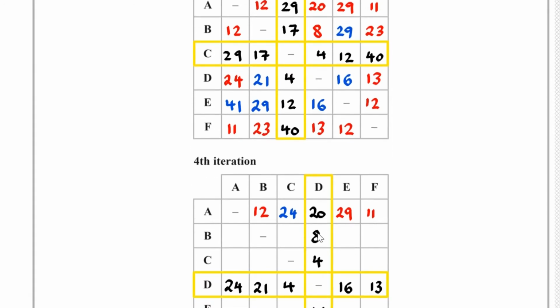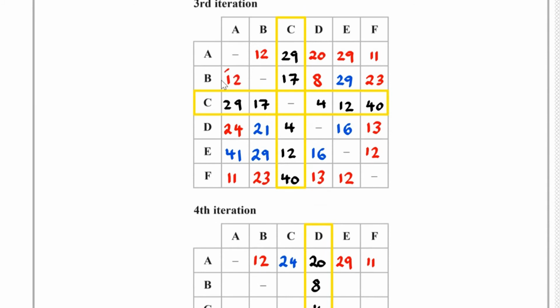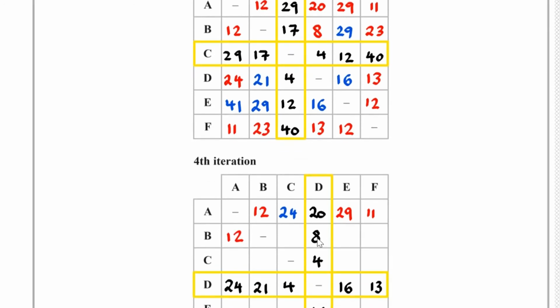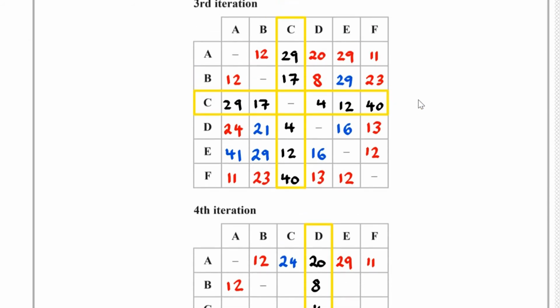We now compare 24 plus 8 with the 12 over here. The 12 is smaller, so it stays the same. We then compare 4 plus 8 with the 17. 4 plus 8, which is 12, is smaller, so that changes.